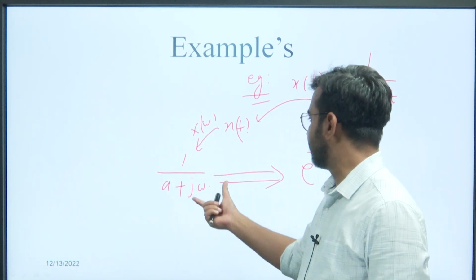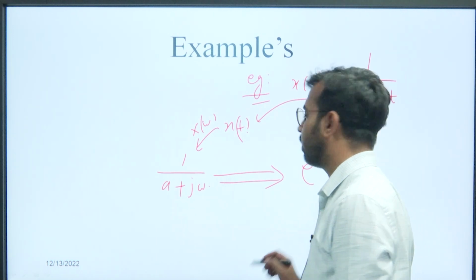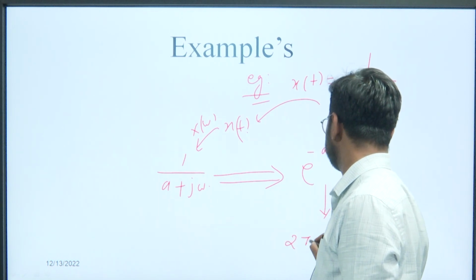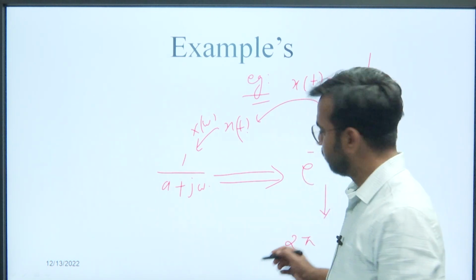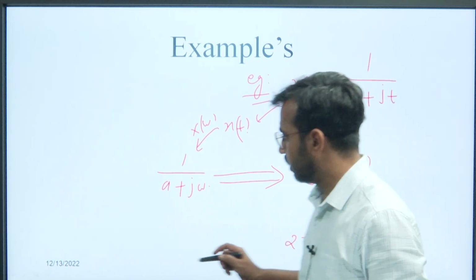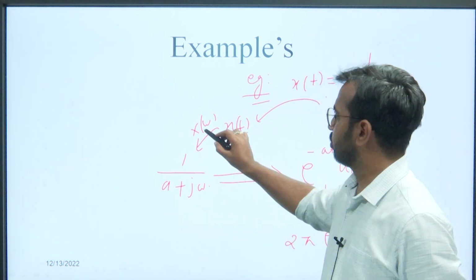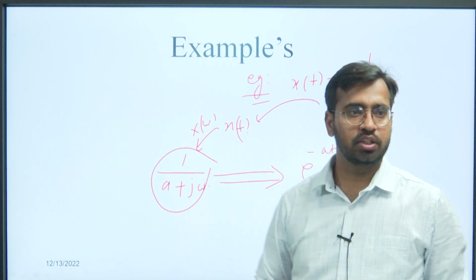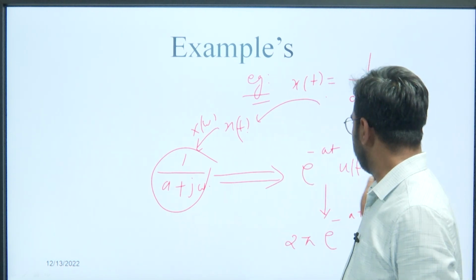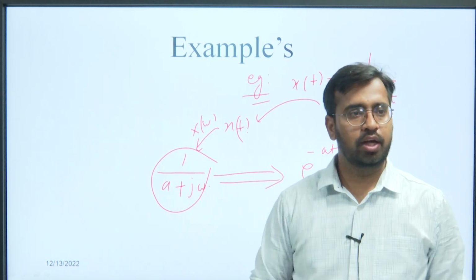So replace this by the formula 2 pi e to the power minus a t. I have told you, just remember x(t) is replaced by X(omega). For the function e to the power minus a t u(t), you get 1 by a plus j omega as the result.